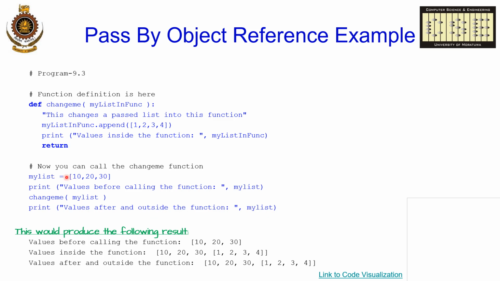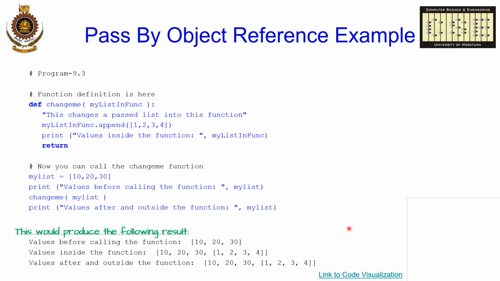We print myList, so if there are any updates, we see it there. Look, 10, 20, 30, and then 1, 2, 3, 4. So this list that we have defined in the calling part has been updated by this function, right? Because we pass it by reference, and it's a mutable object. A list is a mutable object, so it gets updated.